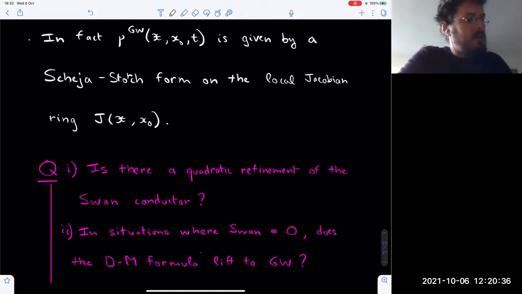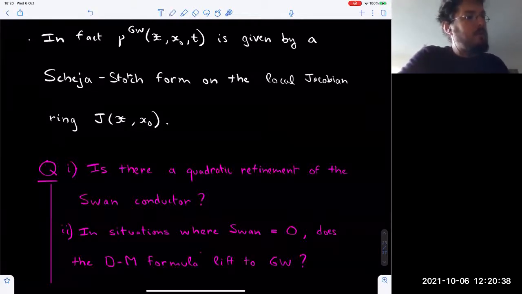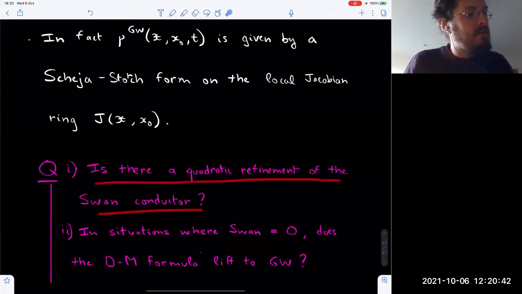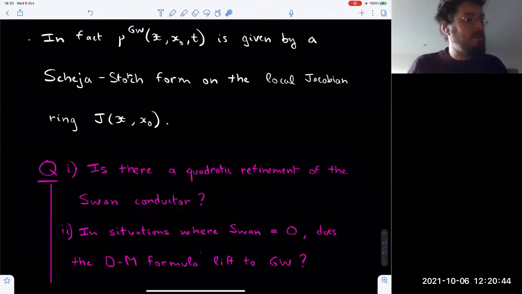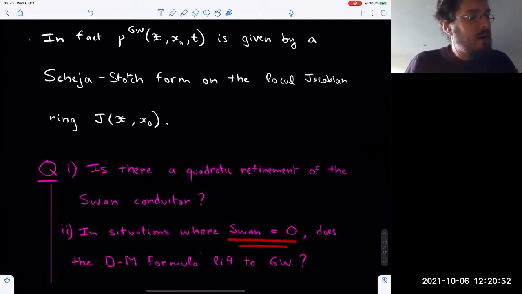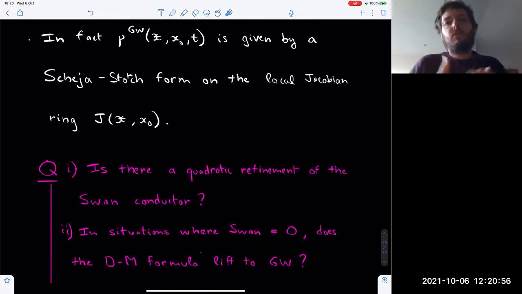Okay, so now there are at least two natural questions in this setting. Maybe the first one is: is there a quadratic refinement of this Swan conductor term, which I have not mentioned? And even if we can't answer this first question, in the situation where the Swan conductor is 0, does this Deligne-Milnor formula lift to the Grothendieck-Witt ring, given that we have quadratic enhancements of both sides?